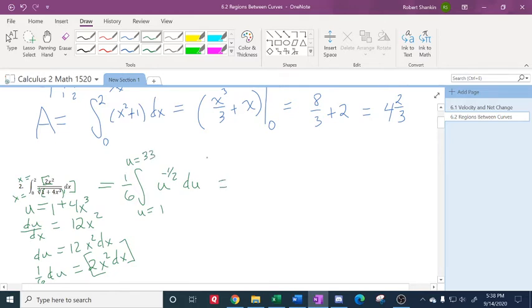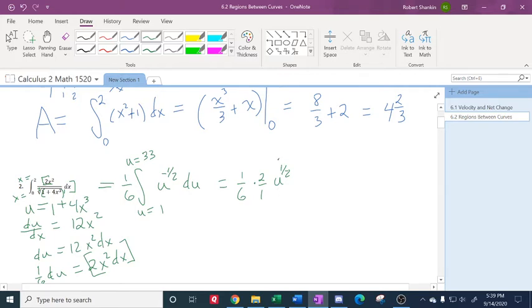So then I'm going to get 1/6 u to the, add 1 to the exponent, so it's u to the 1/2 over 1/2, which is the same as multiplying by 2 over 1.